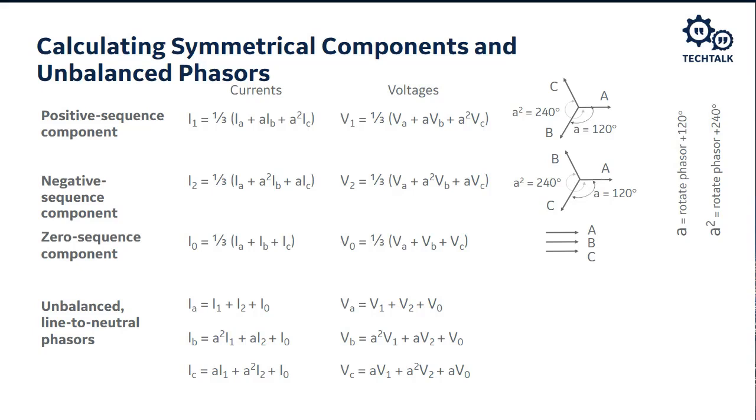Once we've calculated those quantities in our sequence components, we can then use the equations at the bottom to convert those back to our phase voltages, or phase currents, that we would see on current transformers. They're going to be applied to our protective relays.